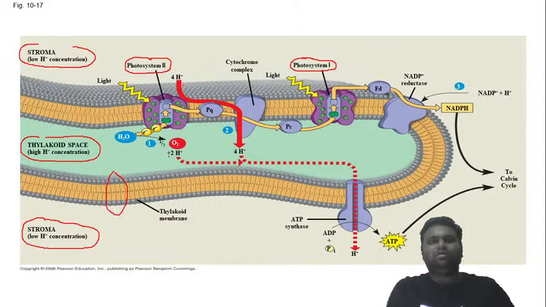And if it goes into non-cyclic phosphorylation, then it passes through photosystem 1, through ferredoxin, through NADP plus reductase to form NADPH. So NADPH and ATP go to Calvin cycle where sugar molecule is synthesized.